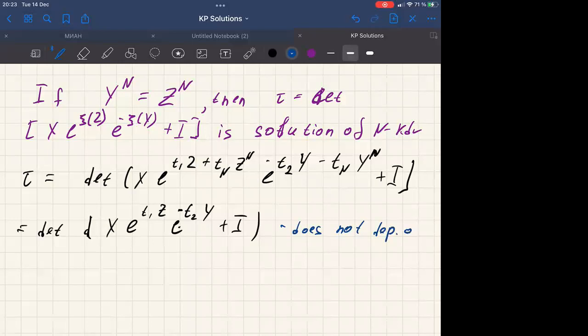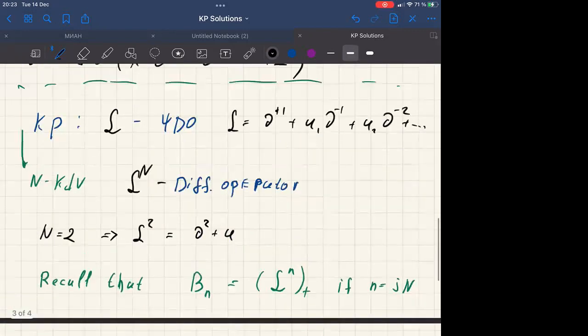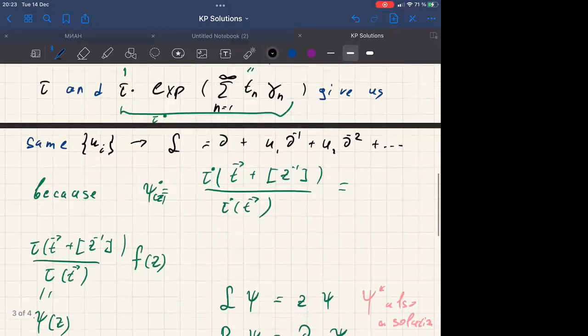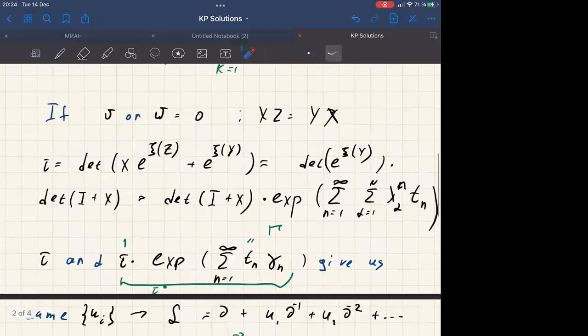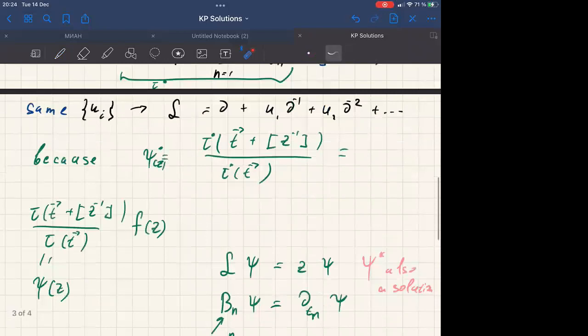Sorry, you have T1 Z, but you have minus T2 Y. Is it correct? Yes, because first of all, I had this formal solution. After that, I multiplied this by the inverse of this matrix. Yes, you extract this to the right.